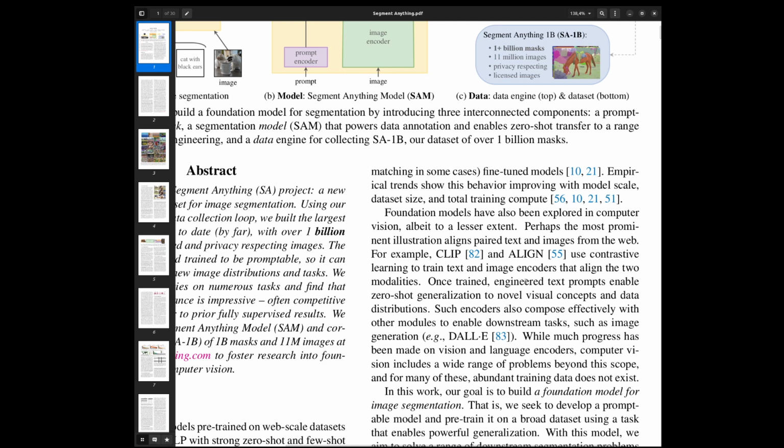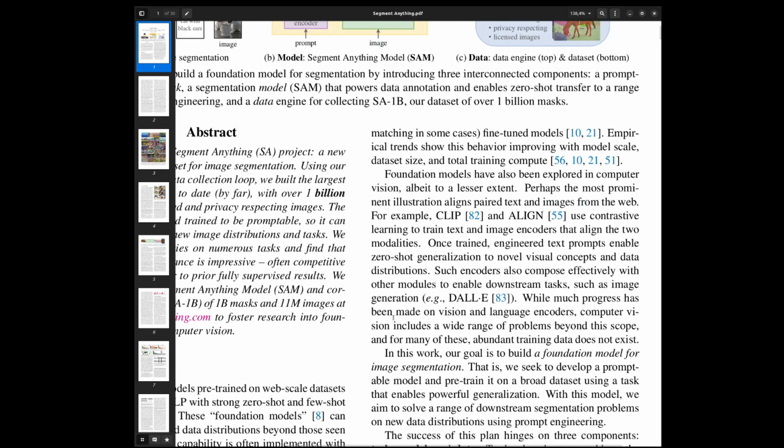Once trained, engineered text prompts enable zero-shot generalization to novel visual concepts and data distributions. Such encoders also compose effectively with other modules to enable downstream tasks such as image generation with DALL-E. While much progress has been made on vision-language encoders, computer vision includes a wide range of problems beyond this scope. And for many of these, abundant training data does not exist.